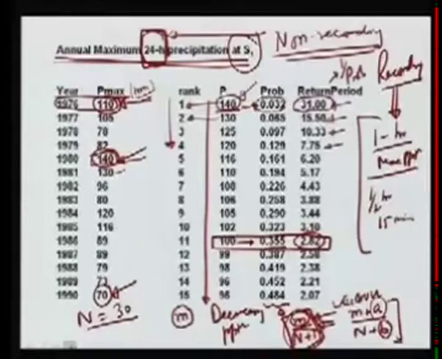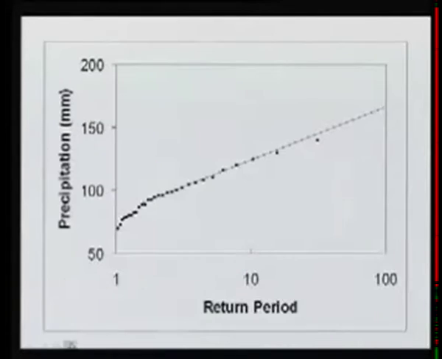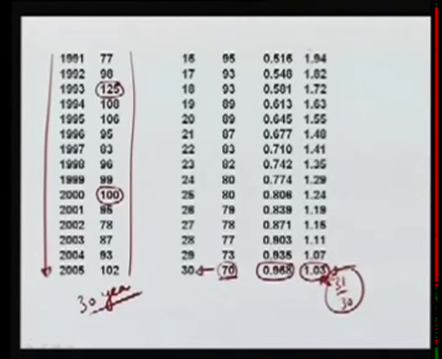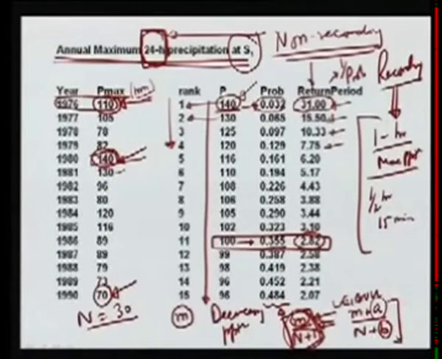Now, based on this probability distribution or the frequency distribution, we can plot a graph between the return period, this is of course in years, and the precipitation in millimeters. So, this data which we have shown here with the squares is obtained from this table, return period versus the precipitation.